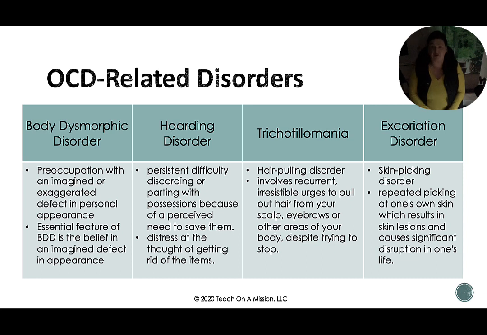Now we need to make sure that we discuss some OCD-related disorders. I want you to keep in mind here that they are under obsessive-compulsive disorder and related because they are related, right? So for instance, we kind of explained body dysmorphia a little bit when we were talking about anorexia nervosa and bulimia, right? It used to be considered what we now call somatoform disorder, right?